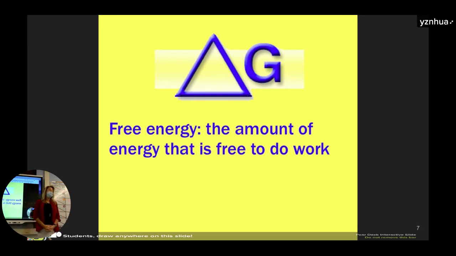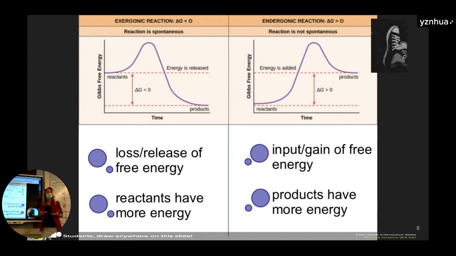If your bank account goes down, have you gained money or lost money? Lost money. So if your delta G is negative, if it goes down, you have lost energy, right? If your bank account goes up, you have a positive delta G, you have gained energy. Where do we see that? Endergonic reactions, the products have more free energy right here.